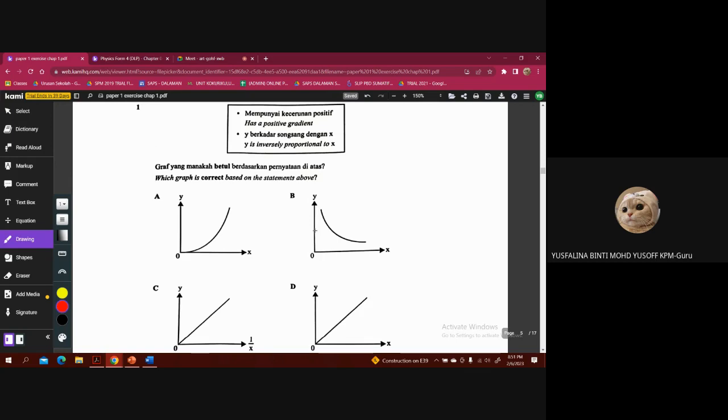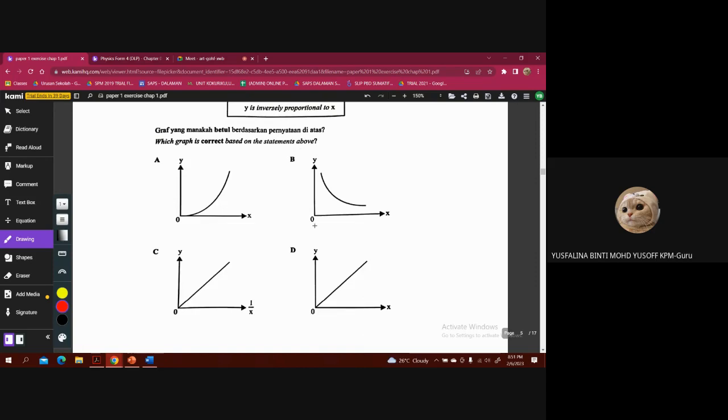Okay, for the next question, it says it has a positive gradient. Y is inversely proportional to x. Which graph is correct based on the statement above? The first graph is increasing but not linearly, because it is a curved graph, not a straight line graph.